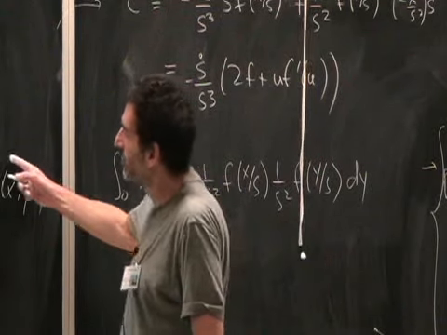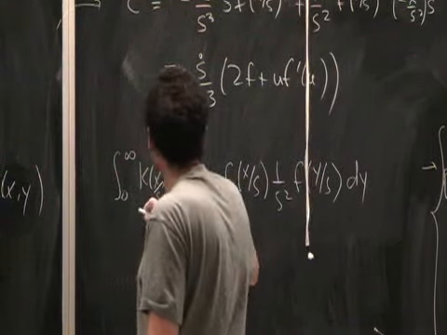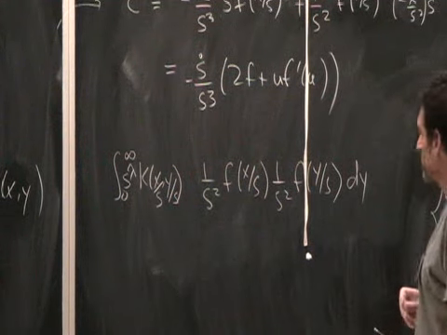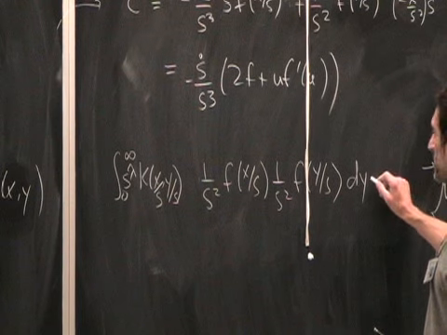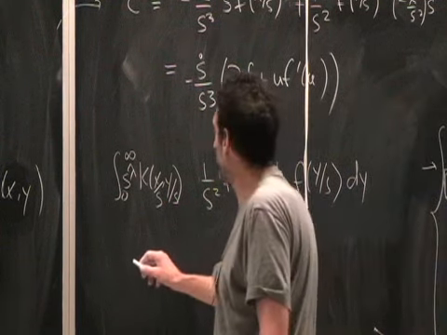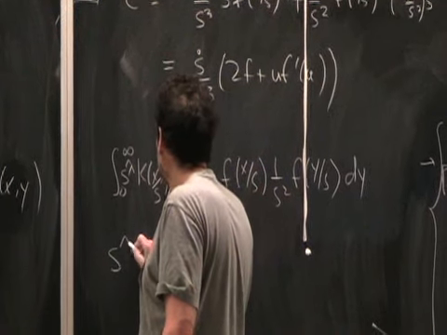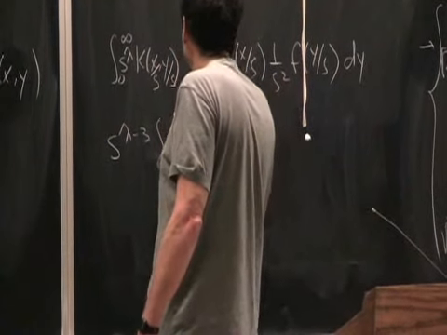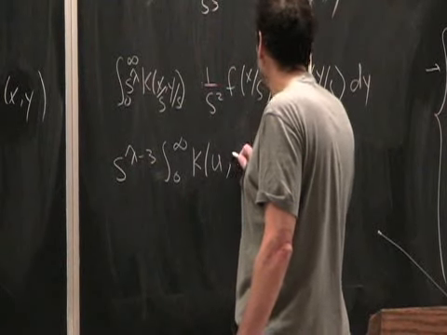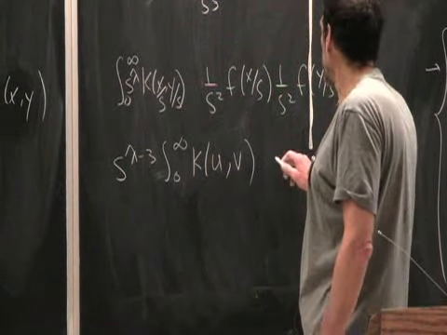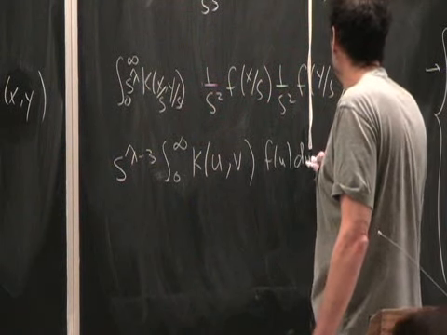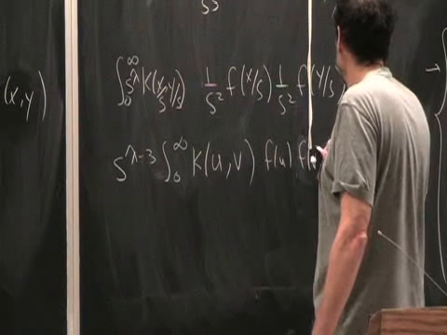And according to this homogeneity assumption here, that's the same as putting here s to the power of lambda. And so here I'll take one of the powers of s and stick it over here. And so what I'm left with at the end of the day is s to the lambda minus 3, integral from 0 to infinity, K of x over s, which is u. Let me call y over s v, and then I have f of u, f of v, dv.